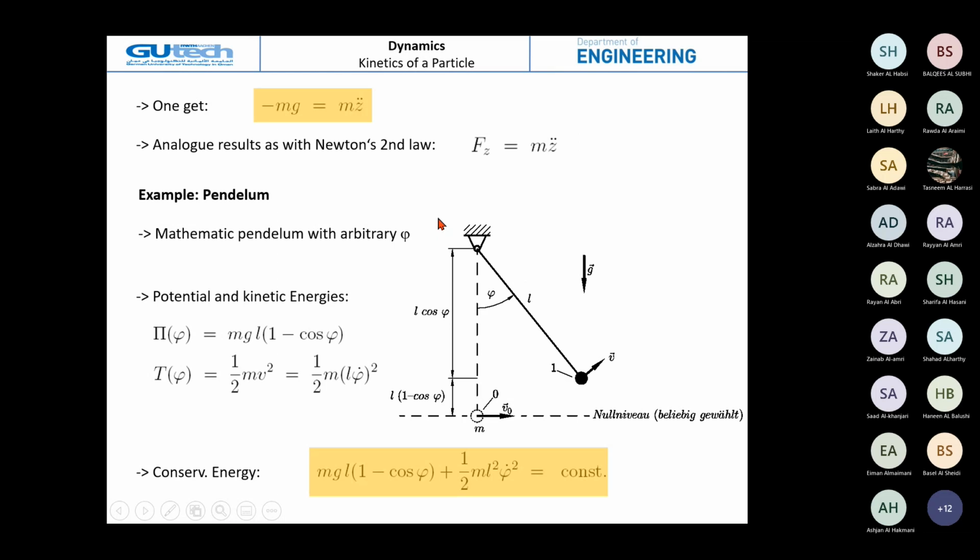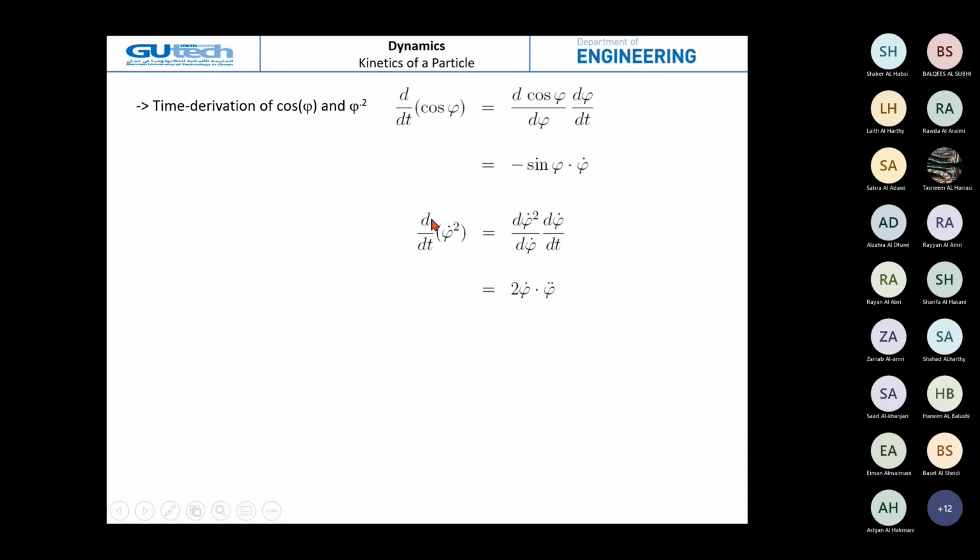Then, if we now take this term here to differentiate it, we have d over dt of phi dot square. The same principle. Here we have phi dot, so we can take d phi dot square over d phi dot, and not d phi, multiplied by d phi dot over dt.